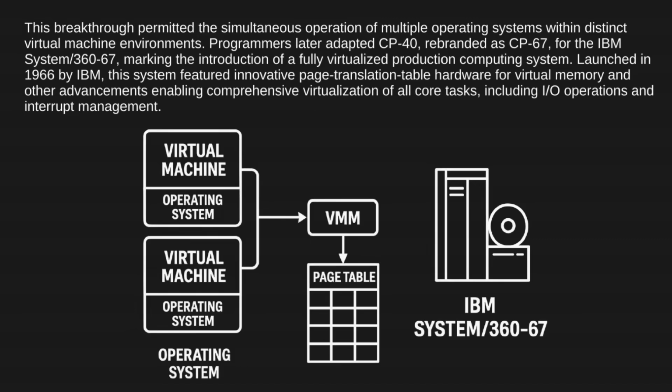Programmers later adapted CP-40, rebranded as CP-67, for the IBM System/360-67, marking the introduction of a fully virtualized production computing system. Launched in 1966 by IBM, this system featured innovative page translation table hardware for virtual memory and other advancements enabling comprehensive virtualization of all core tasks, including I/O operations and interrupt management.